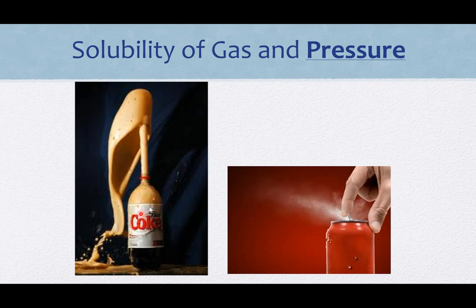So this is just a little dramatic here, but you can see it. This is a little bit more realistic. So when you open that can of soda or you open that bottle of soda, you'll see the bubbles start to crash out. What does that look like? It looks like all those carbon dioxide bubbles coming from the bottom of your container and floating to the top, right? Or you feel or see that little gas kind of spray out when you open up that can.